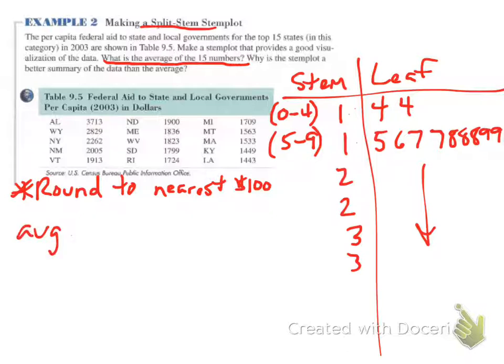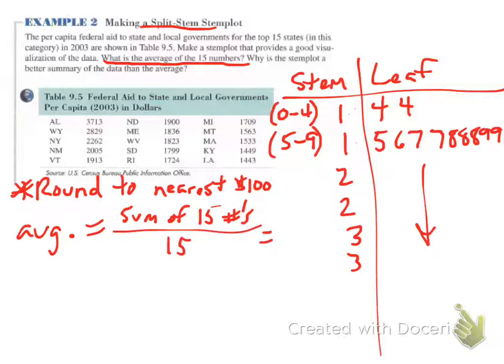Okay, your average is the sum of the 15 numbers divided by 15. Now, you get about 1,967. Okay, that's the average, the actual average.